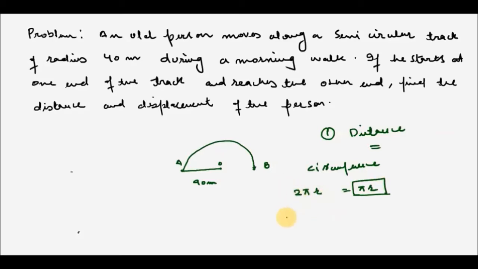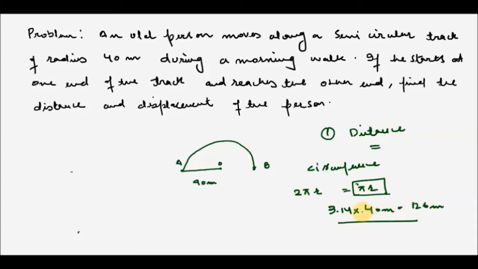So substituting the values, for pi I will write 3.14, and for radius I'll write 40 meters, and the distance that it comes is 126 meters, right?